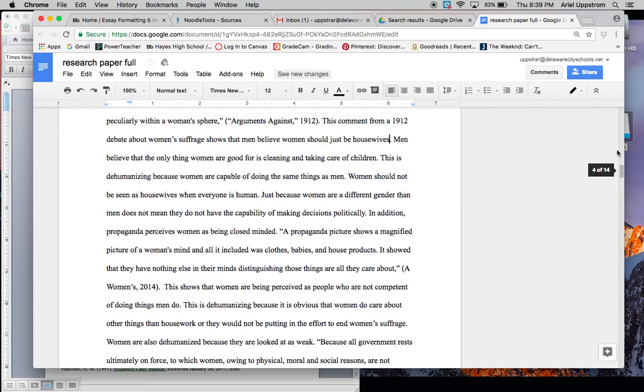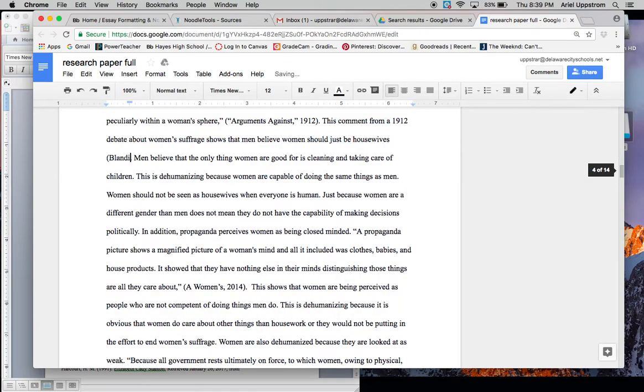So I always go to the last word, but before the period, put space, parentheses, author's last name, the year, and if there was a page number, I would include the page number. If there's not, then I simply put an end parentheses.